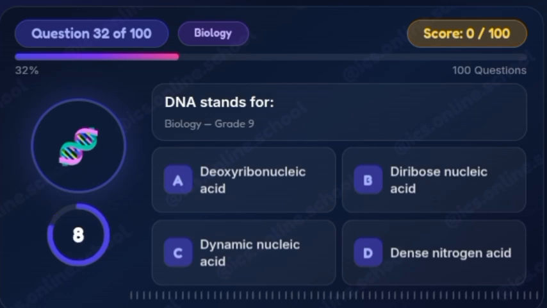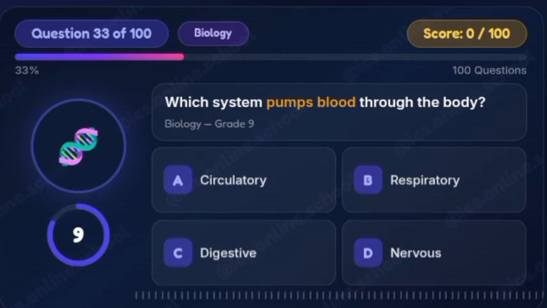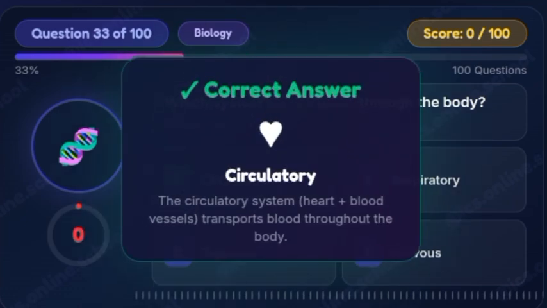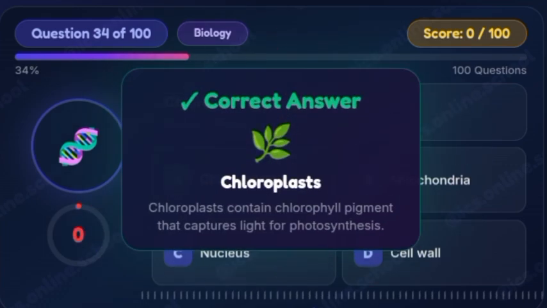DNA stands for deoxyribonucleic acid. Which system pumps blood throughout the body? Circulatory. Chlorophyll is found in chloroplast.